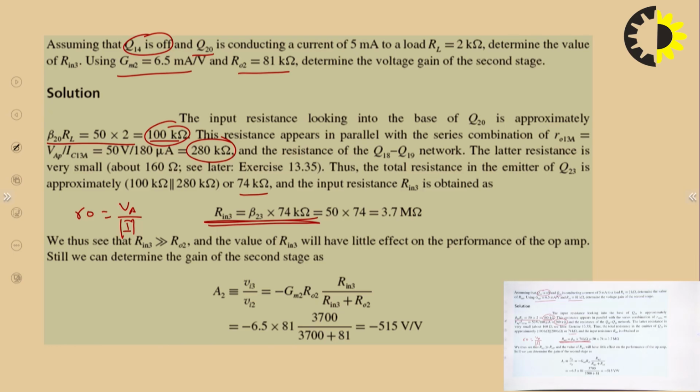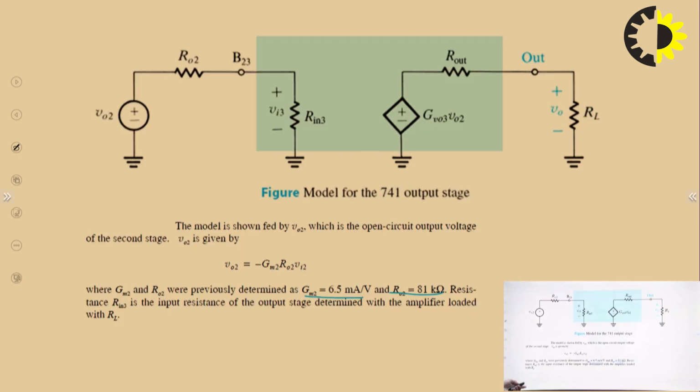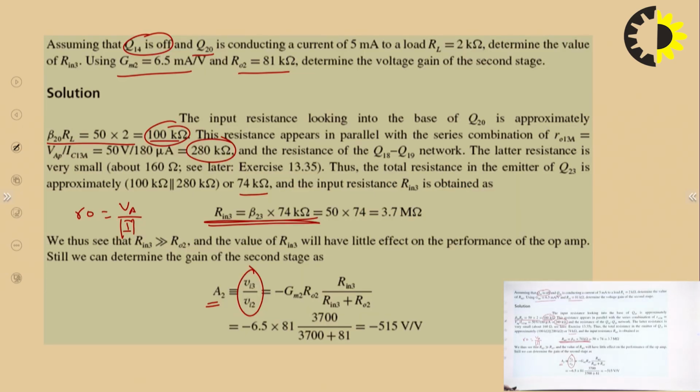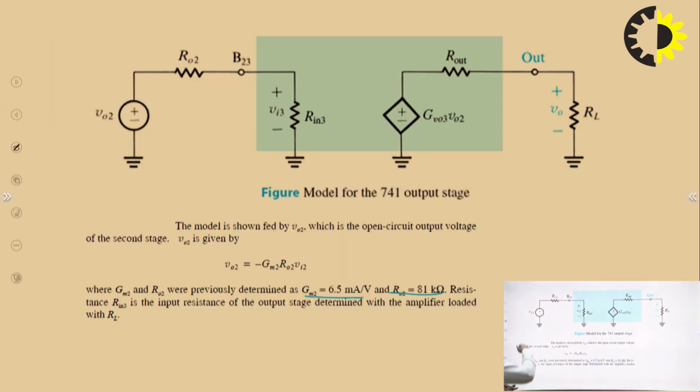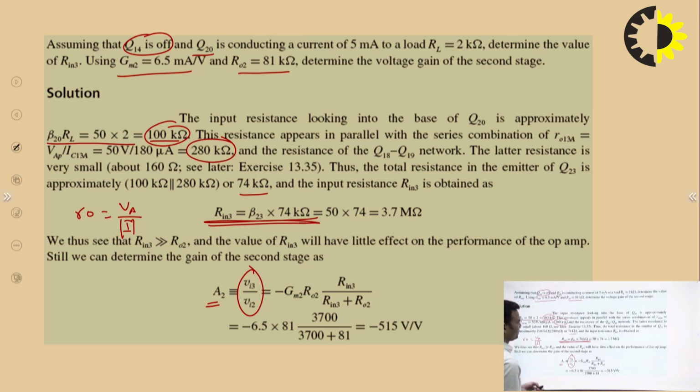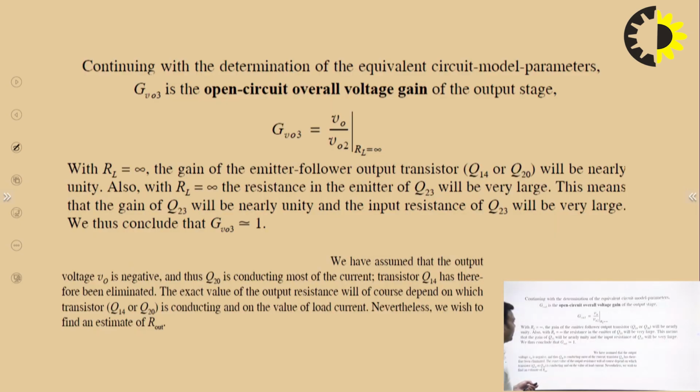So still we can determine the gain of the second stage. A2 is equal to Vi3 upon Vi2. From this we can simply apply the voltage divider rule, and A2 will come out to be minus 515.